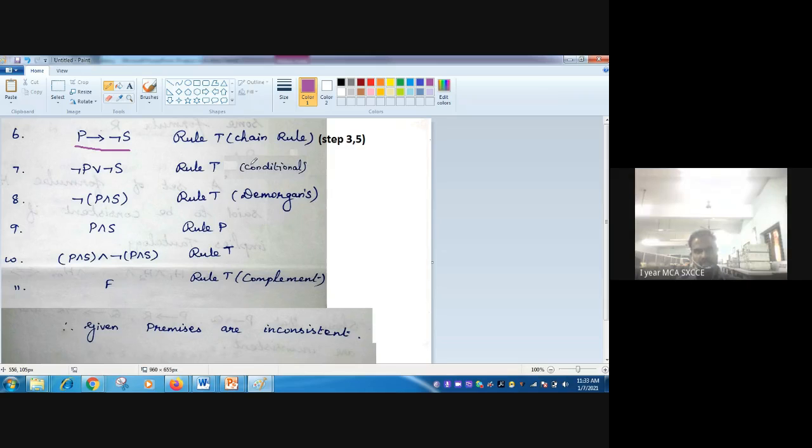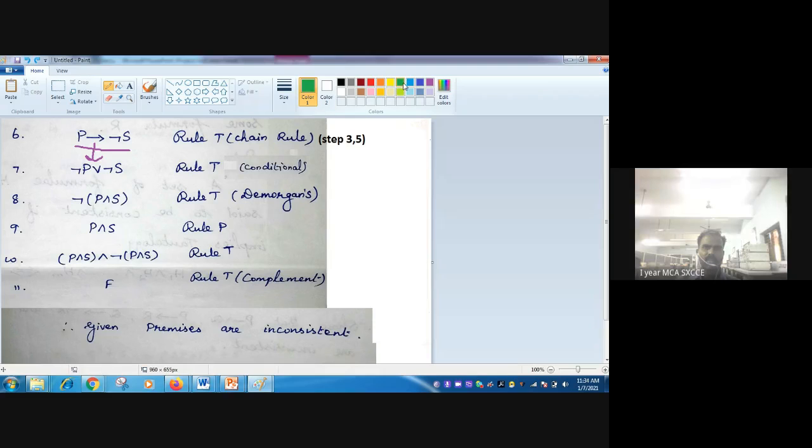Sixth one, T goes to negation S. Rule T, chain rule. If you apply chain rule on 3 and 5, you get T goes to negation S. Then conditional: step 6 only. Applying the condition directly gives negation P cup negation S. Then De Morgan's law. Apply De Morgan's law for step 7.